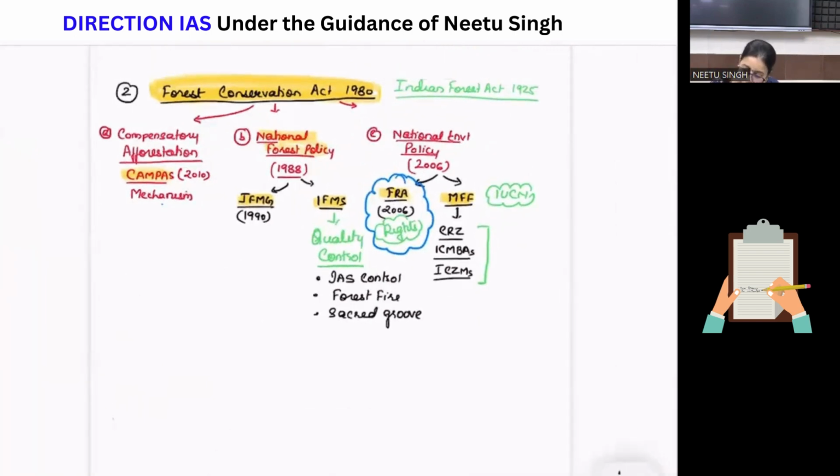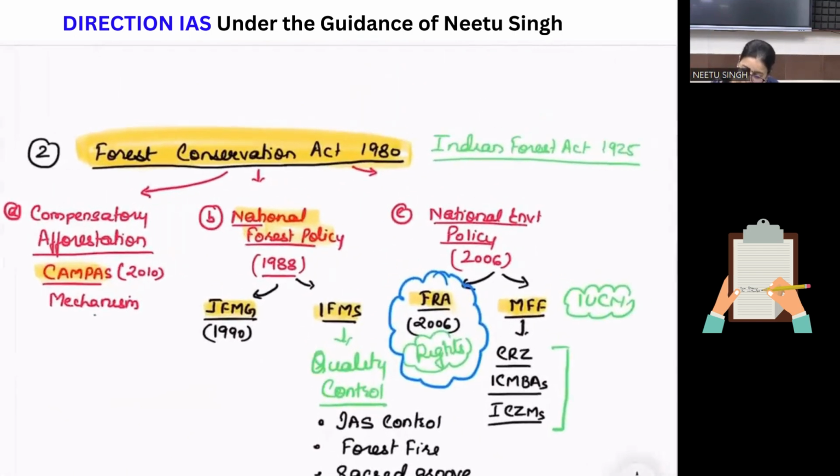Now, when I take reference of compensatory afforestation 1980, why was there the requirement of mobilizing the National Forest Policy? I gave you some key terms; please remind yourself. Compensatory afforestation was regulation and revenue. We attempted to change it to participation and conservation.